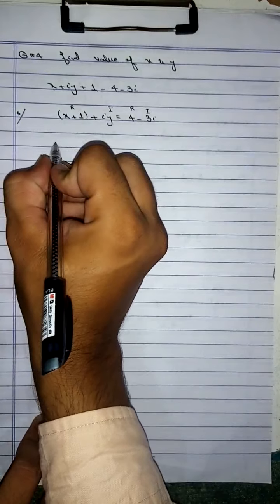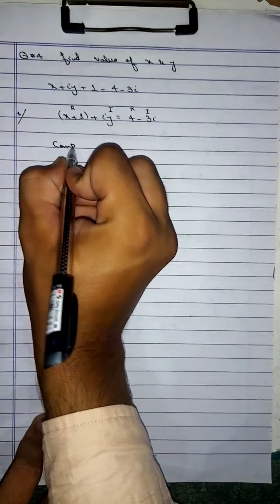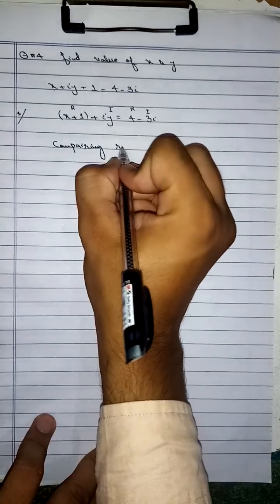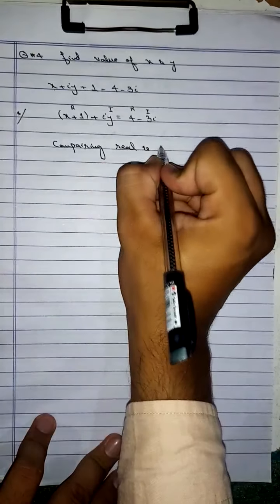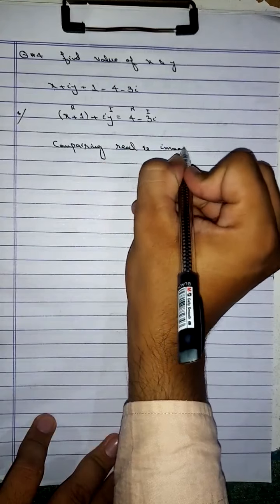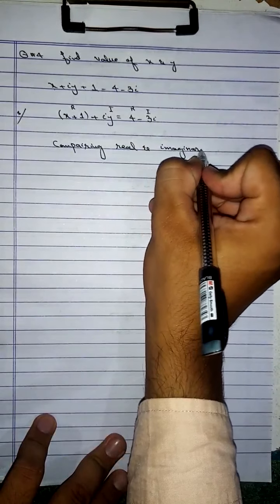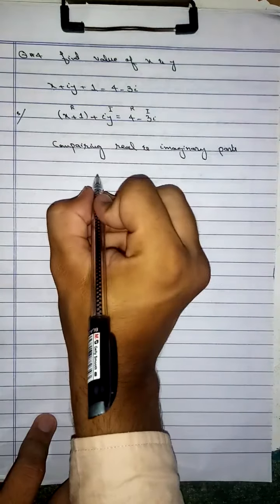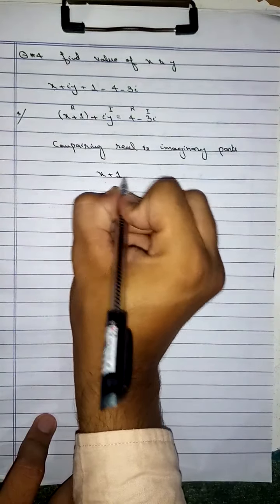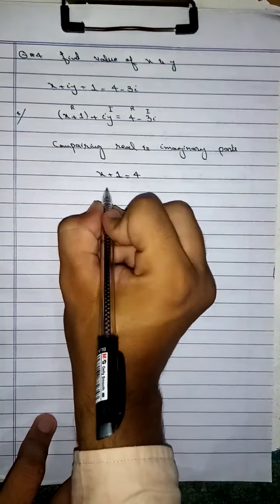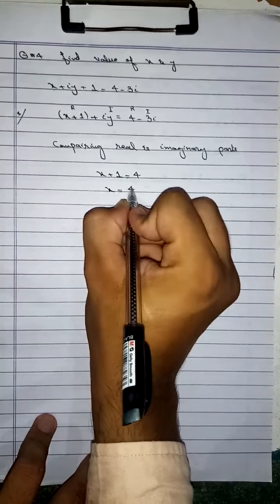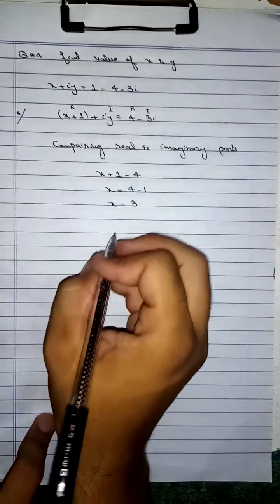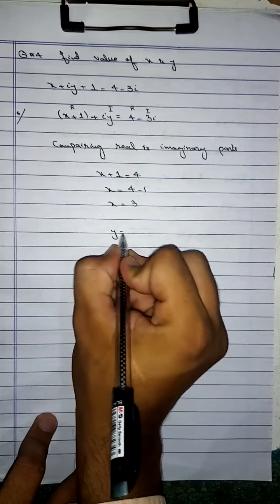So we write, comparing real and imaginary parts: the real part x plus 1 is equal to 4, subtracting 1, x equals 3, and the imaginary part y is equal to minus 3.